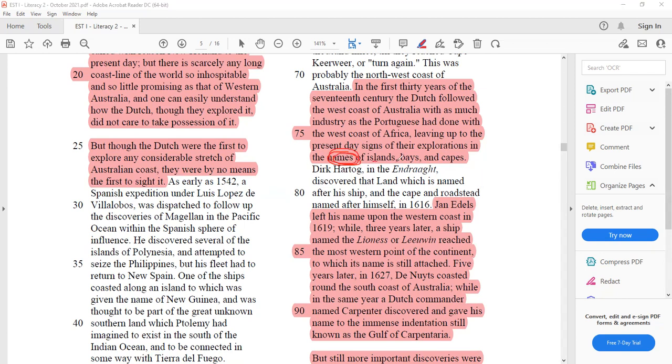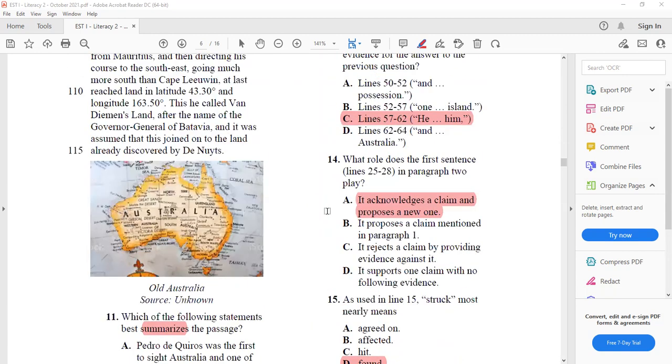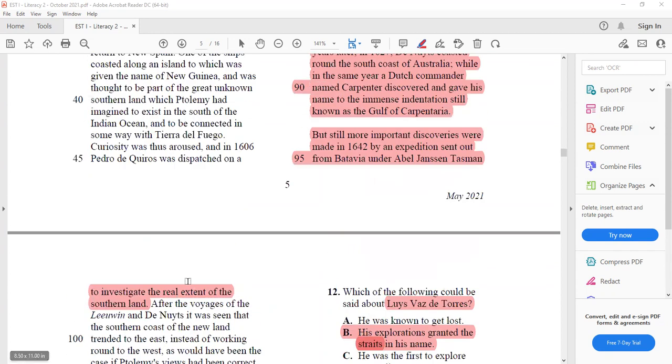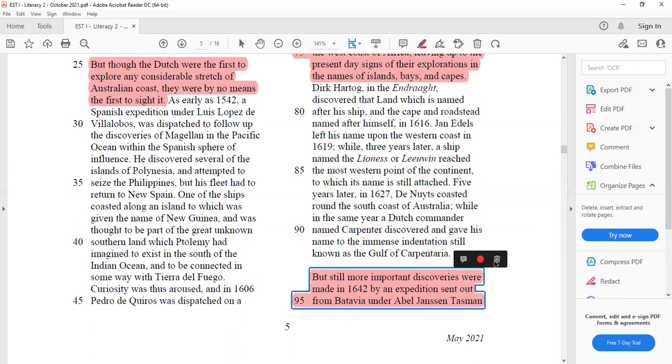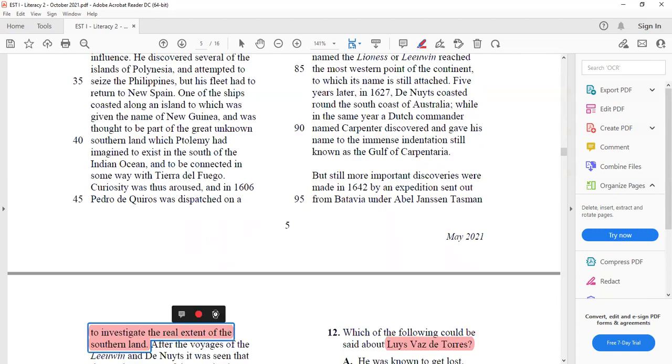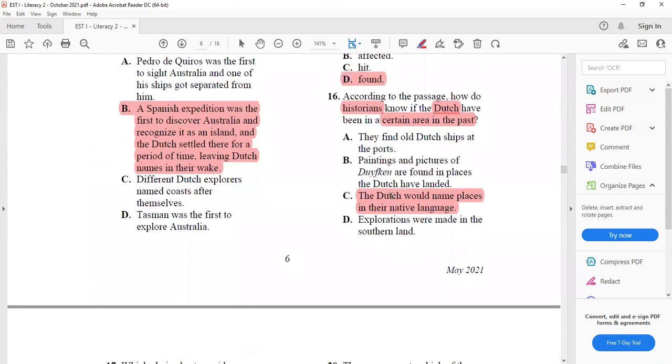They left their names of islands, bays, and capes. I'm not sure also because we still have another one, the last one: exploration were made in the southern land. He mentioned the southern land, but I think it is not this one. Actually this is better because he mentioned the word name. So I'm going to delete these now because it's not the right answer. The right answer is going to be B as an evidence and C here.